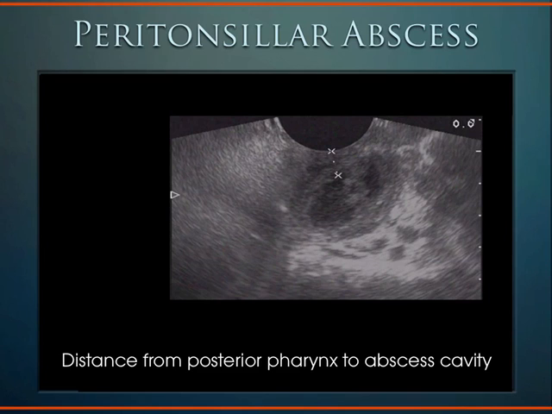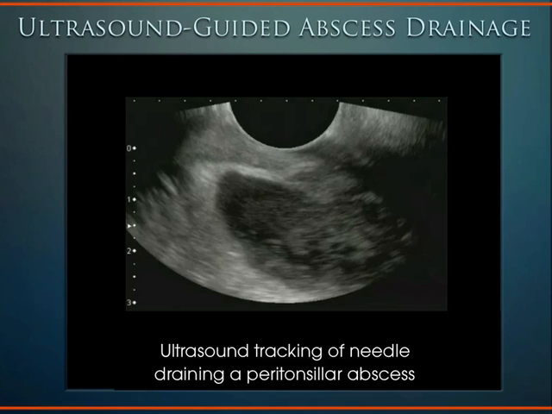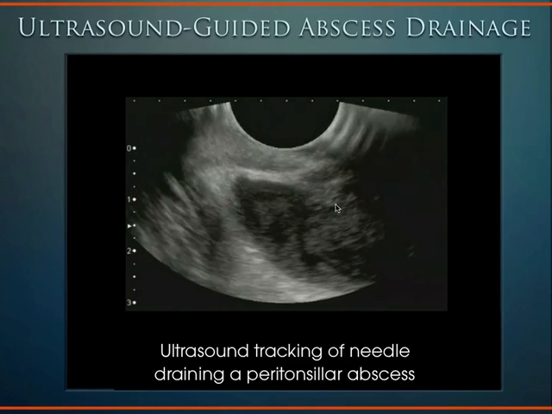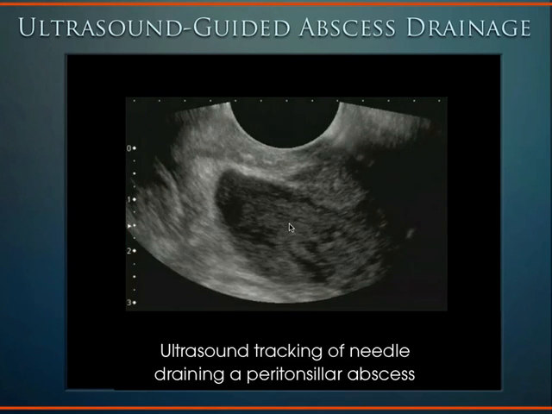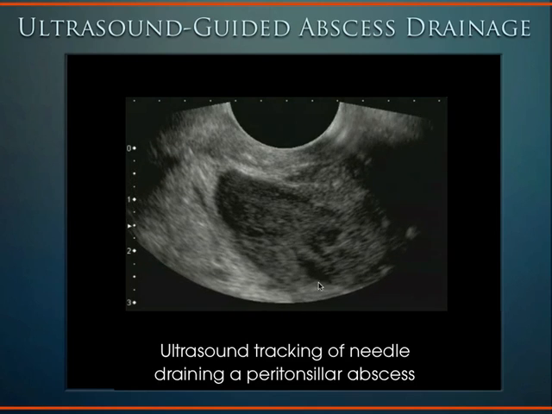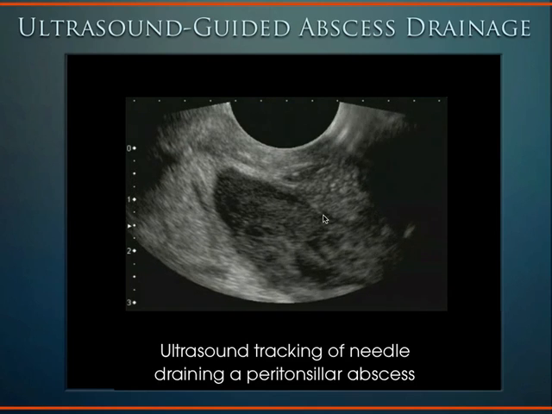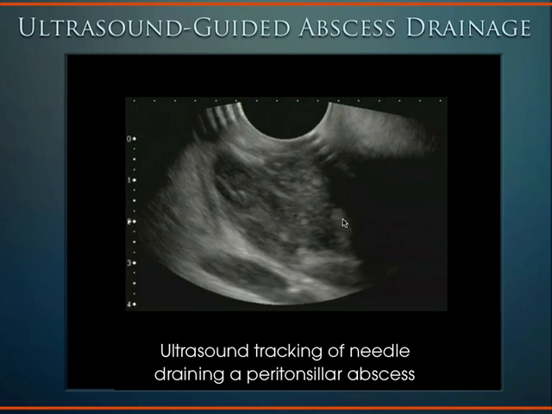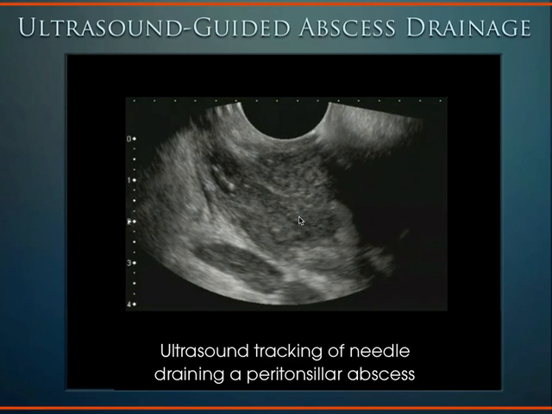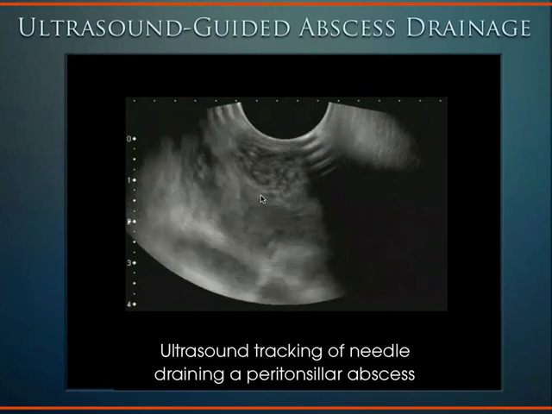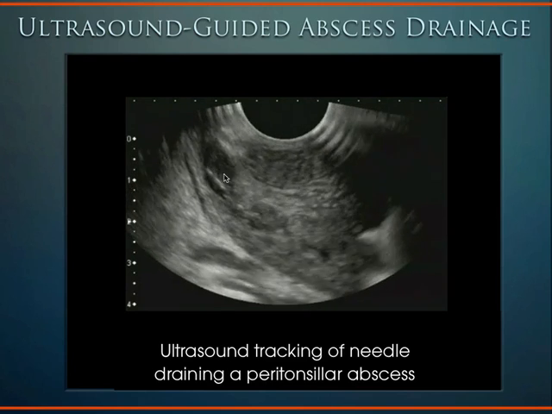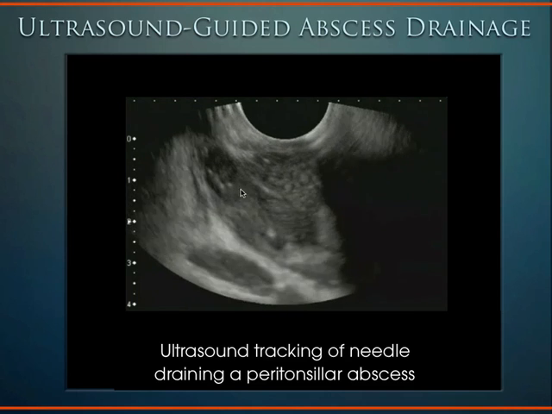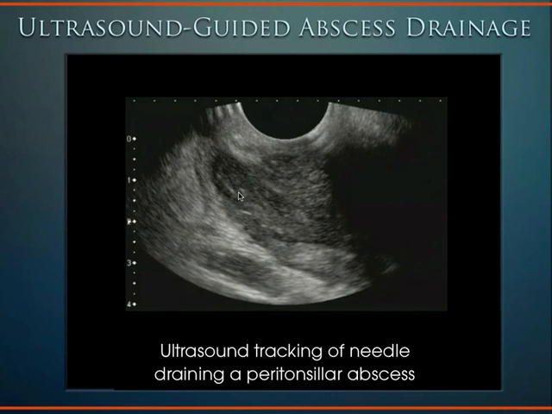And this is just another example here of a patient who's got a pretty large peritonsillar abscess. All this stuff here is pus. It looks like it's sort of solid at first, but as we push on an abscess, the pus will distend and swirl like that, and that's what can really give away the abscess as you see that swirling pus come along. Again, we know how far we need to go to get the needle to come in.